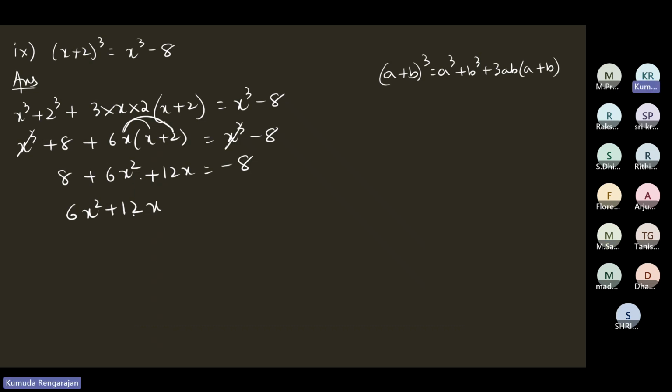So 6x squared plus 12x plus 16 is equal to 0. When you divide this by 2 throughout, you get 3x squared plus 6x plus 8 is equal to 0.